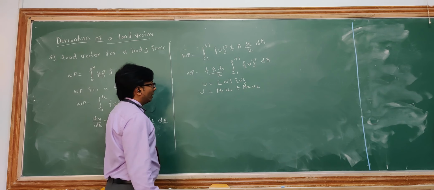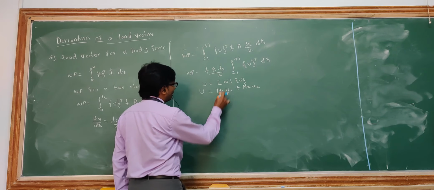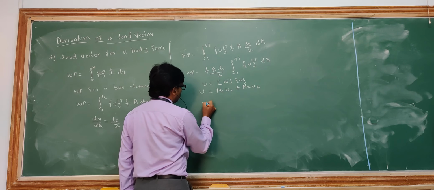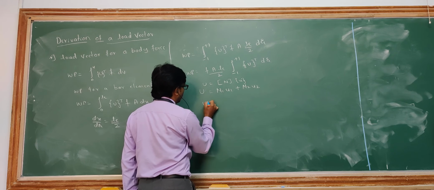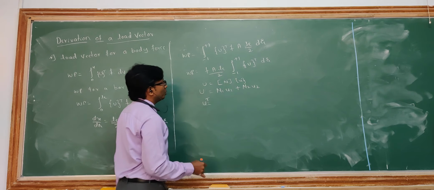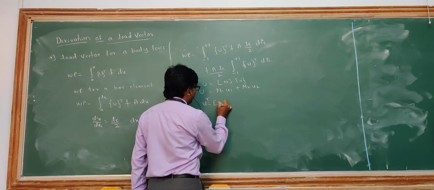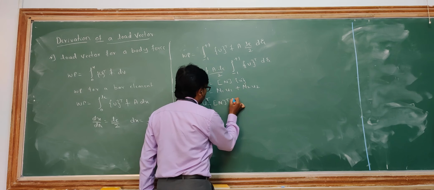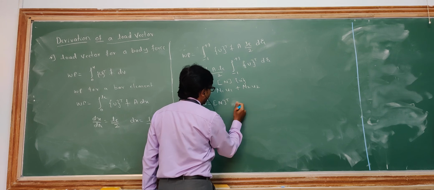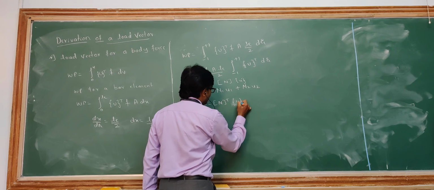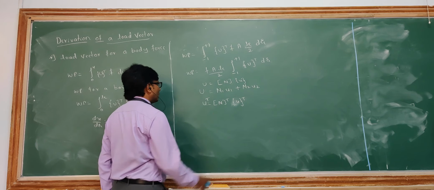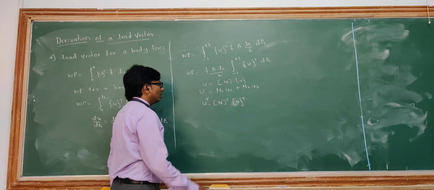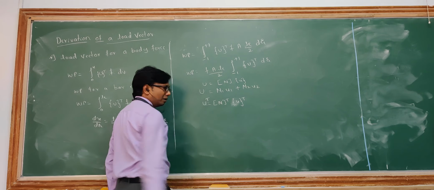If I take u as given, u transpose here is given as N transpose into the flower bracket u transpose. So what I'll do is differentiate only, because N is nothing but a shape function.